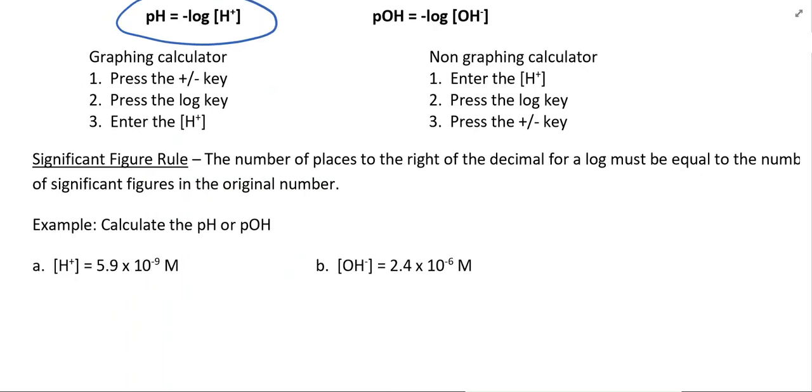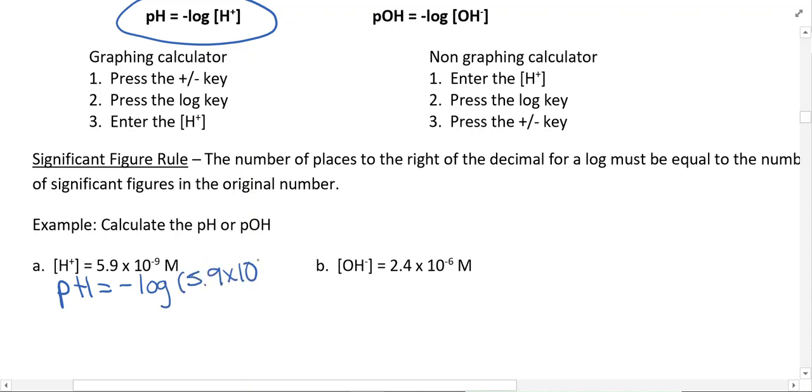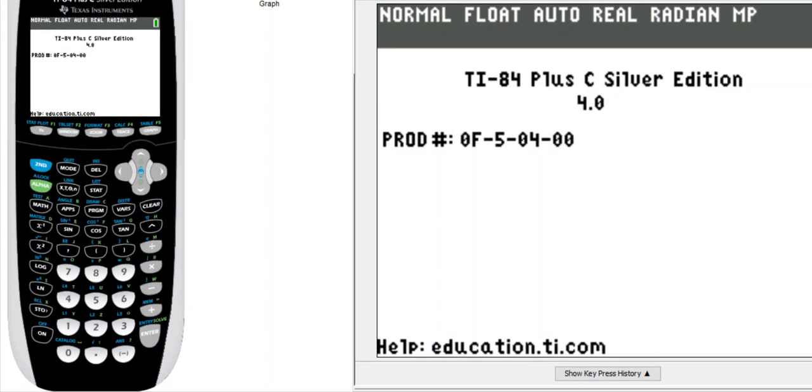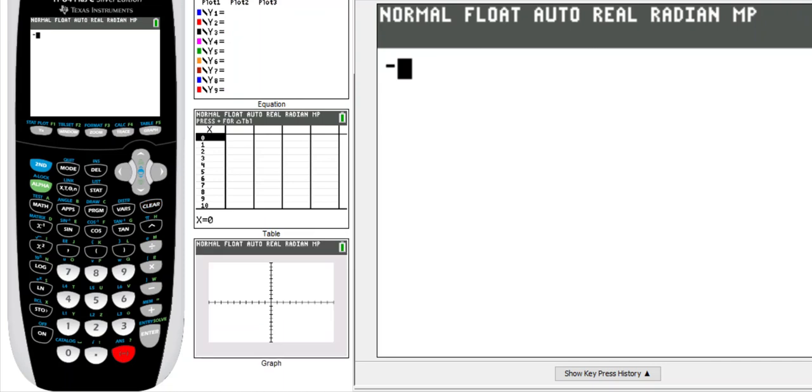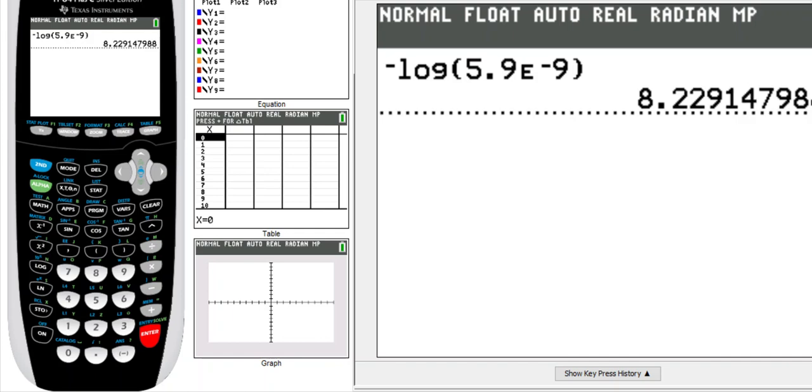For this first one, we have the hydrogen concentration, so we're going to calculate the pH. pH is equal to the negative log of the value you're given, 5.9 times 10 to the negative 9th molarity. We're going to plug this in our calculator: negative log 5.9 E negative 9, and that will give us our pH of 8.22914.